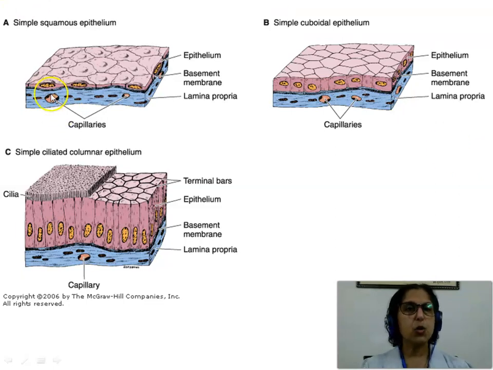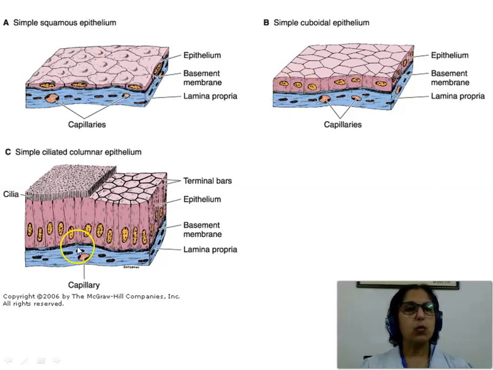So what we see here is simple squamous epithelium, single layer of flattened squamous cells showing a bulging nucleus. What we see here is simple cuboidal epithelium, single layer of cuboidal cells, wherein the height of the cells is the same as the width of the cells, and they have a rounded nucleus in the center.